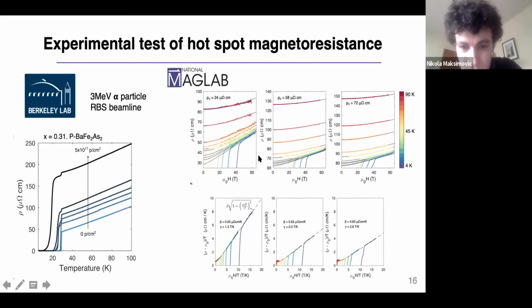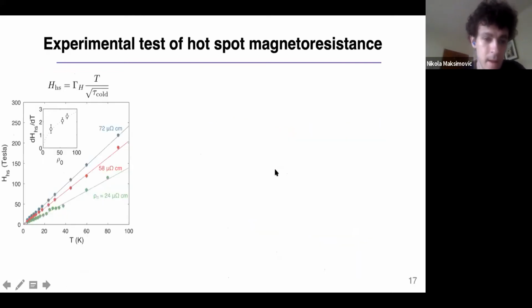So where was I? Okay, so we've done these calculations. Alex Koshelev did these calculations for temperature dependent and disorder dependence of the magnetoresistance, and in particular, the predictions of the model are a T-linear variation of these magnetoresistance parameters.